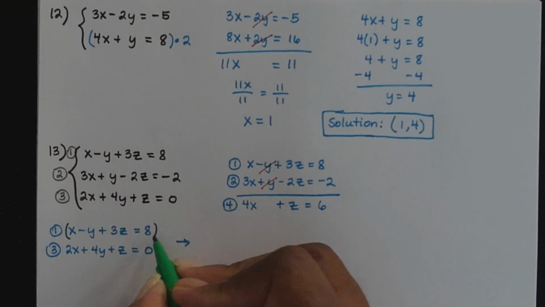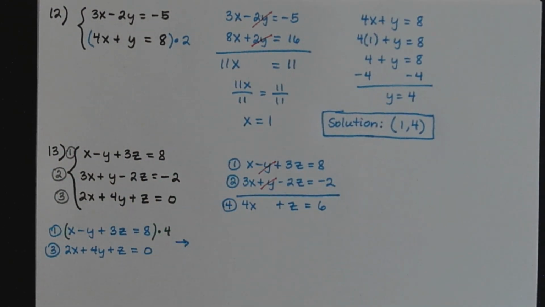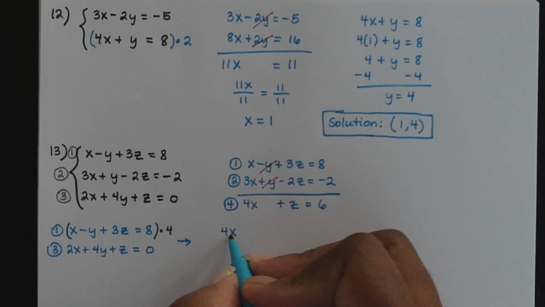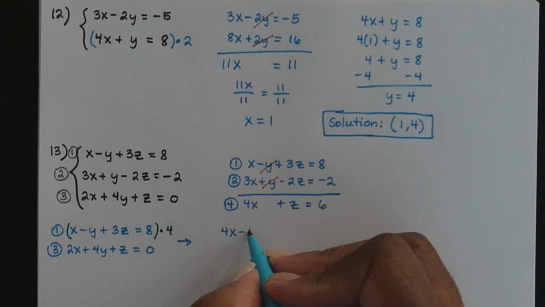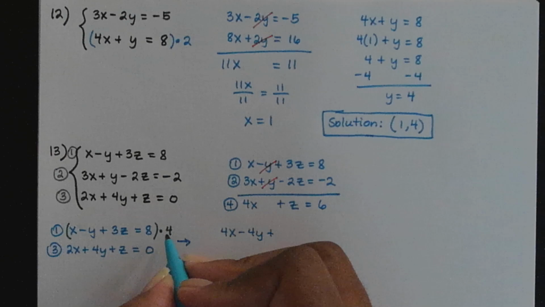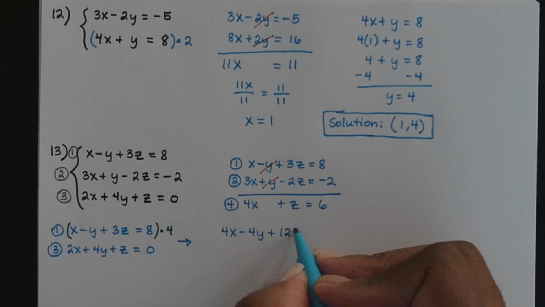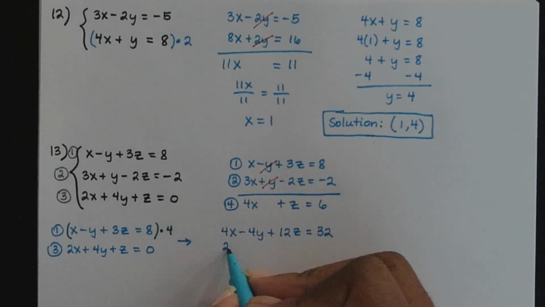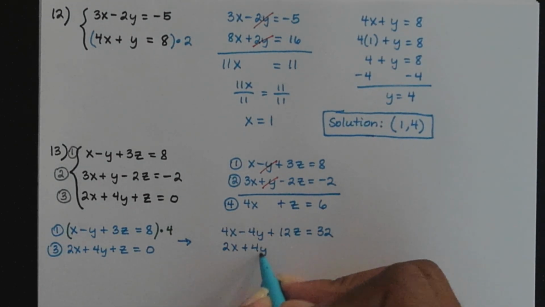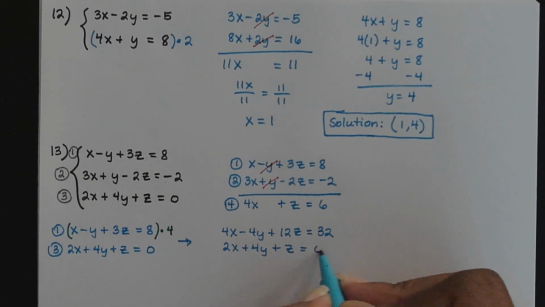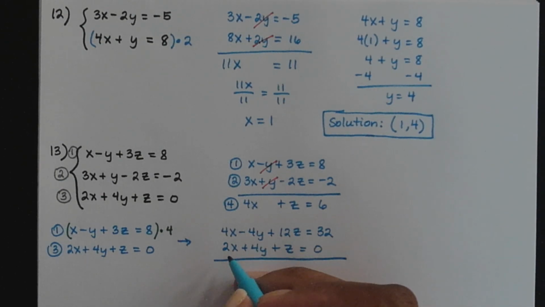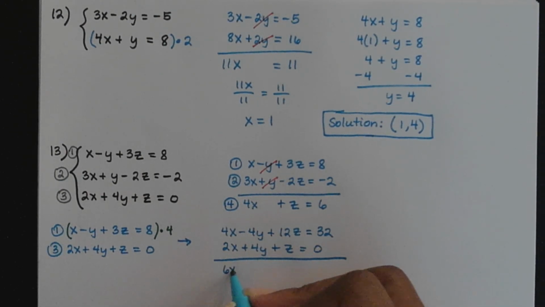Guess I'll use green this time. Times 4. And when I do that, for the first equation, 4 times x will be 4x. 4 times the minus y would be minus 4y, plus 4 times the 3z will be 12z, equals 4 times 8, that's 32. And I'll bring over the 2x plus 4y plus z is equal to 0. Now we're ready to add these two equations together. 4x and 2x will give me 6x.